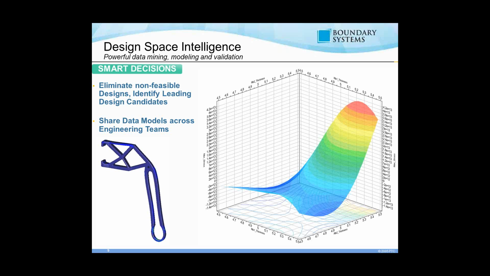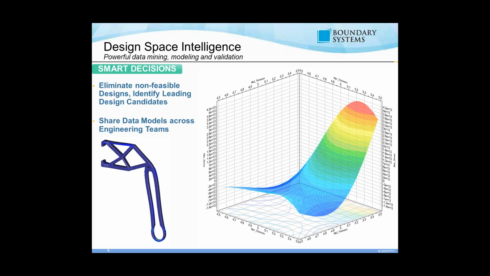Not because I went back and reran a simulation, but because I just plugged numbers into a math equation. For this particular workflow, we ran for about 12 minutes. Instead of waiting 12 minutes, I can type in new values into that design space and it'll tell me a response in less than half a second. Again, saving you incredible amounts of time.